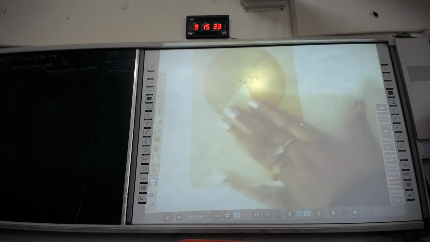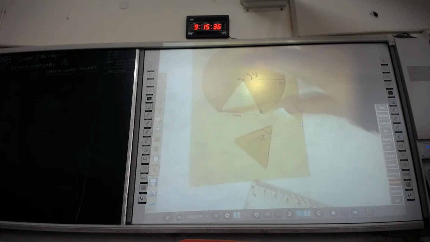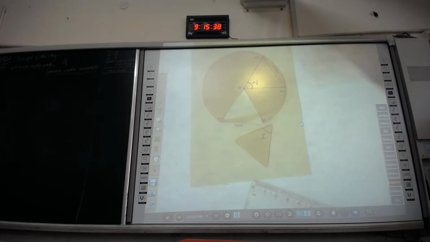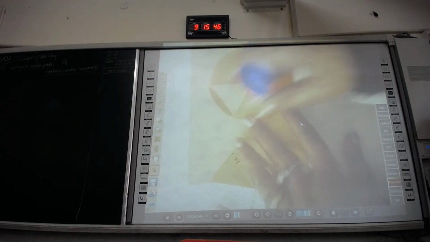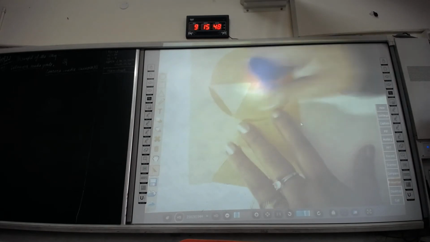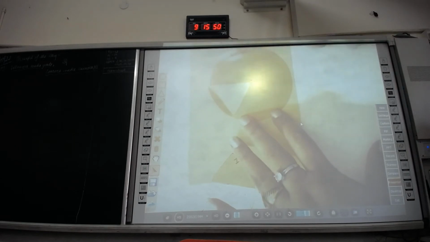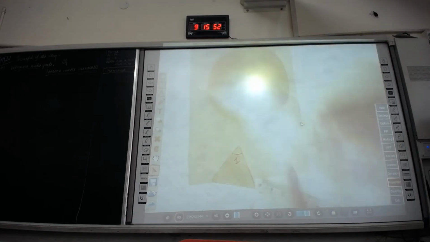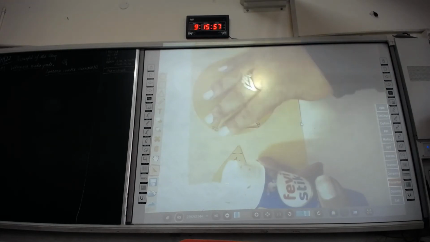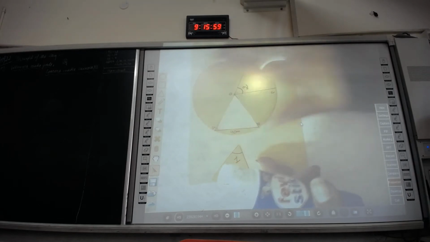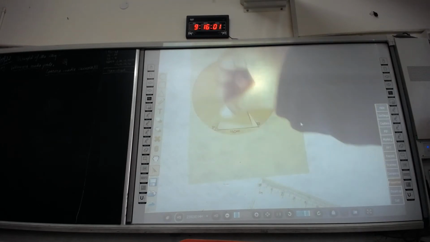So now I have these two pieces. Can you see these two pieces? Yes, ma'am. So now what I am going to do, first of all, let us keep it at a side and let me fix this one on a rectangular sheet, so that I can see that I have removed it from here.